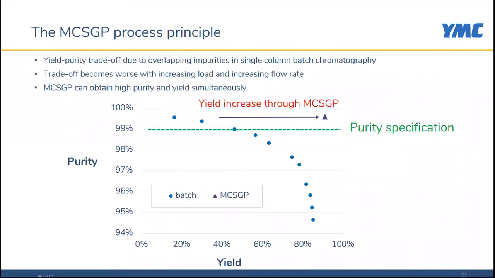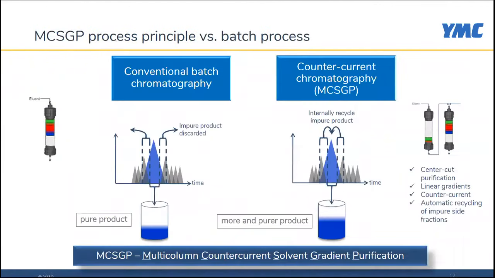As you can see in this plot, outlined very nicely, the capability of a batch process is either high purity or high yield. With the MCSGP, we can maintain the high purity and keep a high yield, and that means we have a high productivity in our process and need less solvents for the purification step.